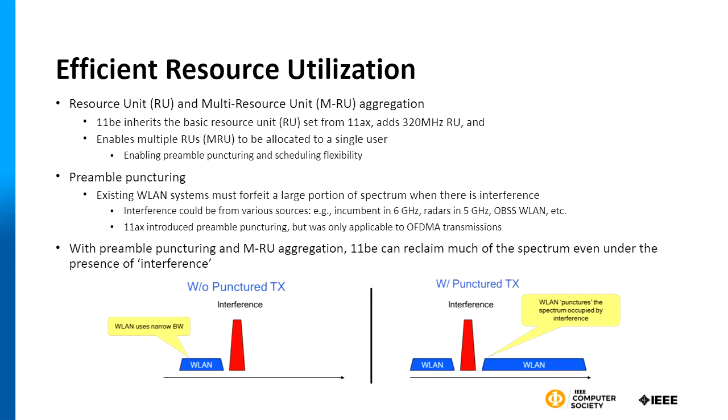Because this way, for example, if you see in the bottom right figure, as a station, you can puncture a particular subchannel, and you can allocate 2 RUs for the lower leftmost part transmission and the rightmost part transmission, and still be able to essentially retain most of the spectrum that is available for your transmission while not causing interference to incumbents or radars or other BSSs that are operating in the area.